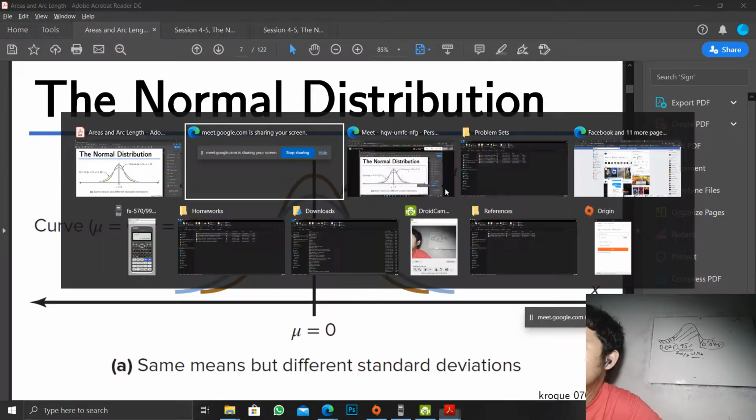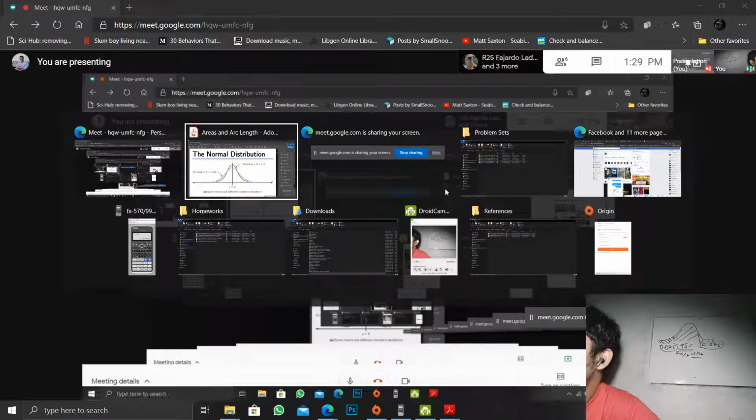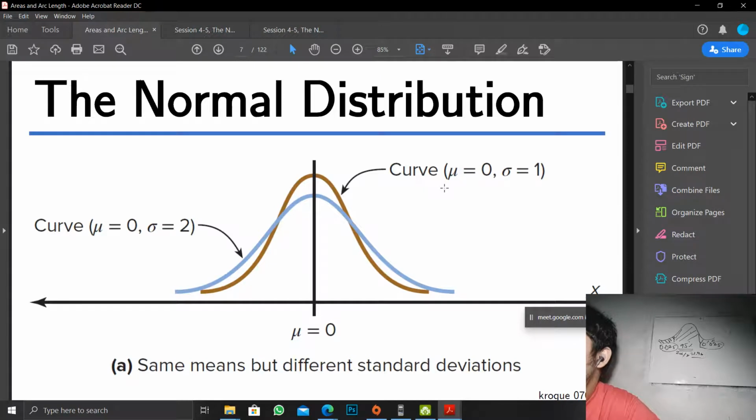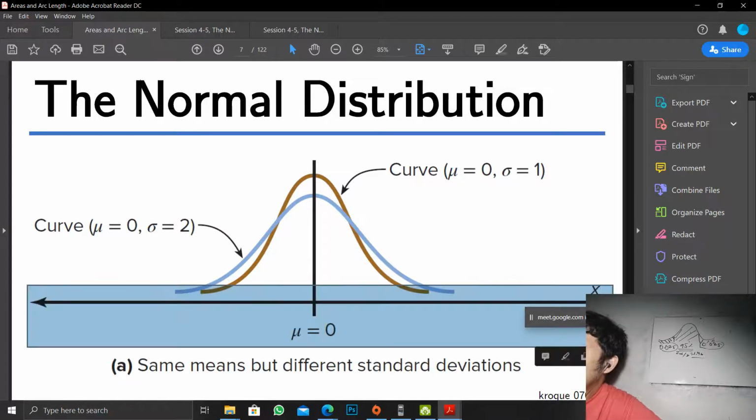So, what does that mean? Example, dito. Di ba? The more we move to the right along the x, kasi, di ba function siya, y tsaka x, no?